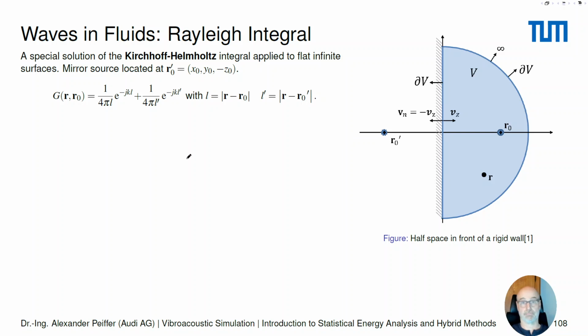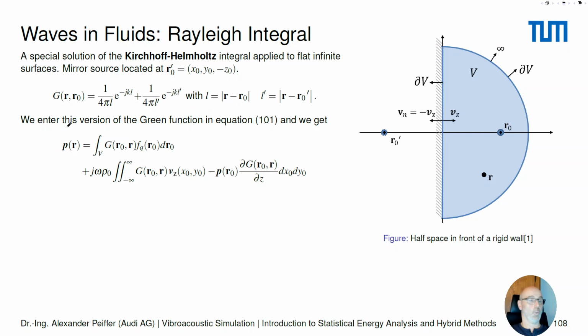So this is allowed to generate an additional solution of the homogeneous wave equation to create the general function. What is obvious for our distance, the distance between R and R0, we have to define different versions, so L and L dash, and R is always the same, only the source position is at some other place. The first one in the volume, the other one outside the volume.